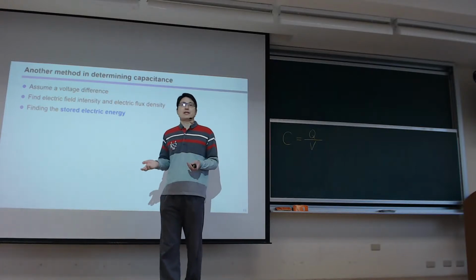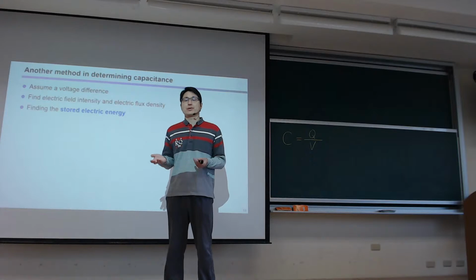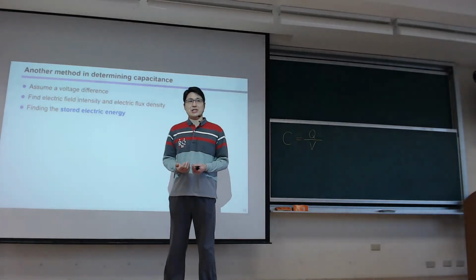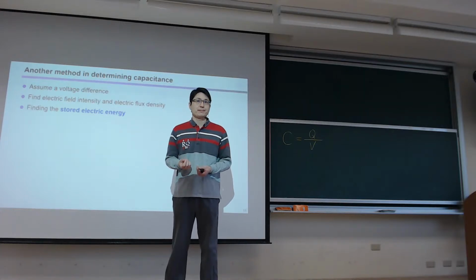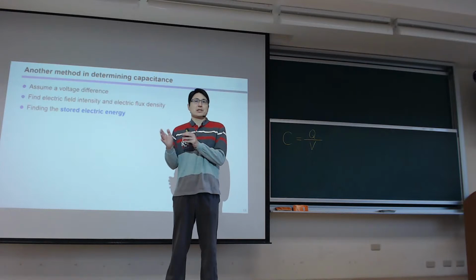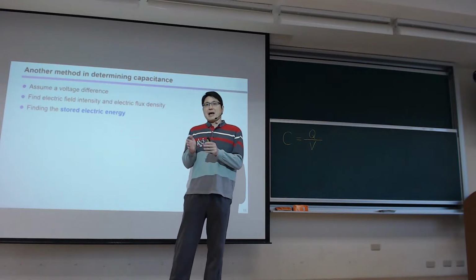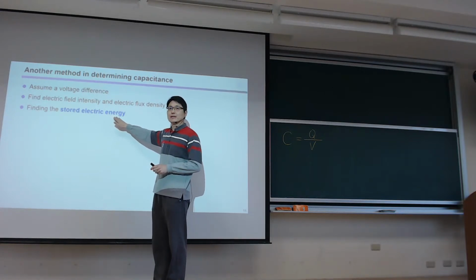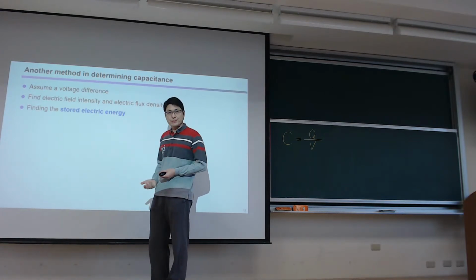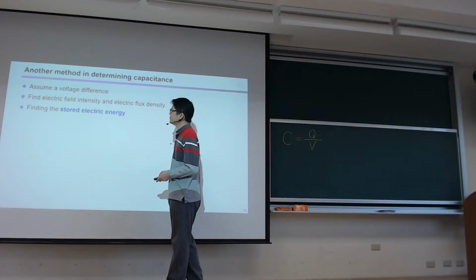And this is quite essential because, to our understanding, the capacitor is a device that can store electric energy, right? So somehow we have to associate the capacitance to the energy being stored in a given capacitor, right?